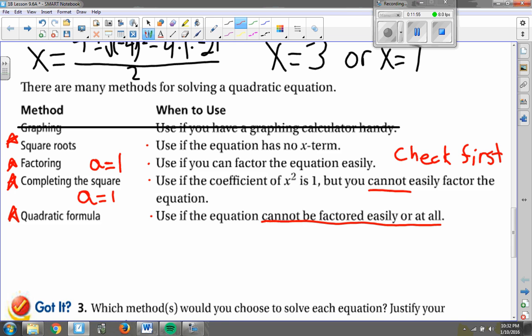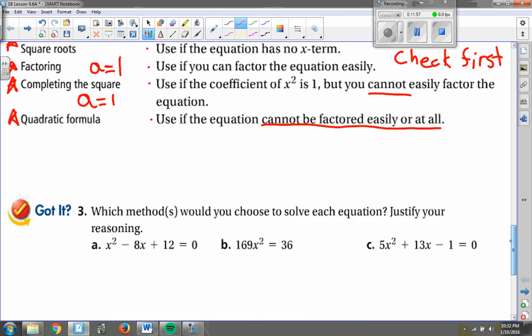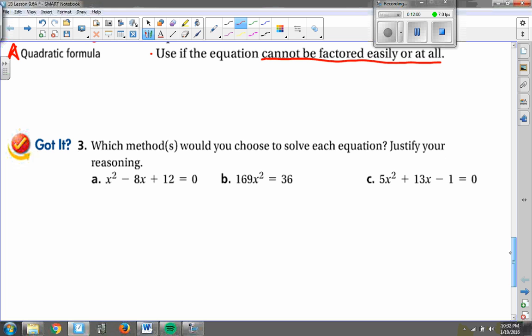Part of your homework, or part of your practice problems, is going to be problems that look like this. Which method, or methods, would you or could you choose to solve each equation? Justify your reasoning. If you look here at letter A, it has a coefficient of x squared of 1, right? If it's not there, we assume it's a 1.